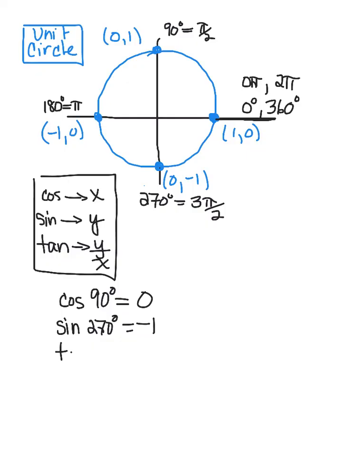Let's say I had the tangent of 180 degrees. So then I would go back and I would look and I would say, okay, well, tangent is the y value over the x value at 180 degrees. So here's 180 degrees. I'm going to do the y value over the x value.